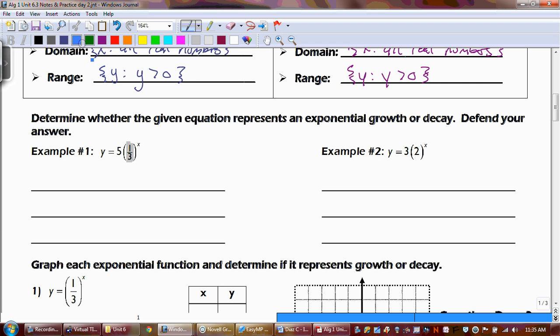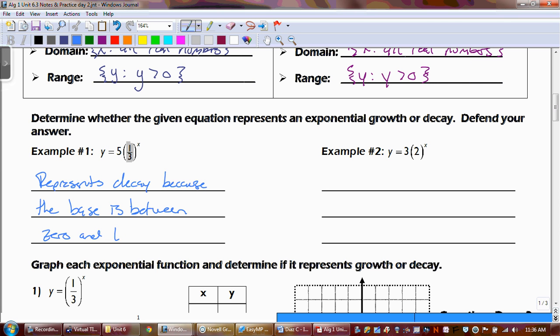This one represents decay, and that's because the base, which is in the gray, is between 0 and 1. So look at the base and it tells you.